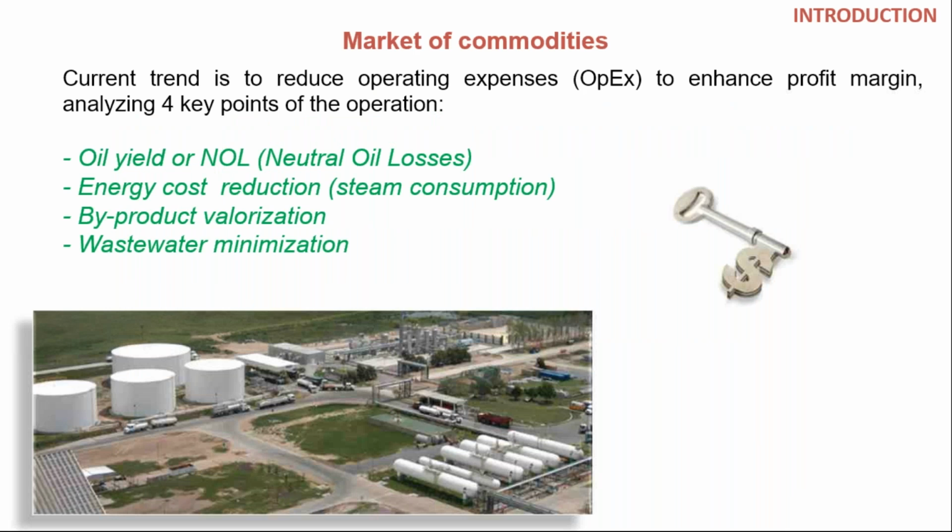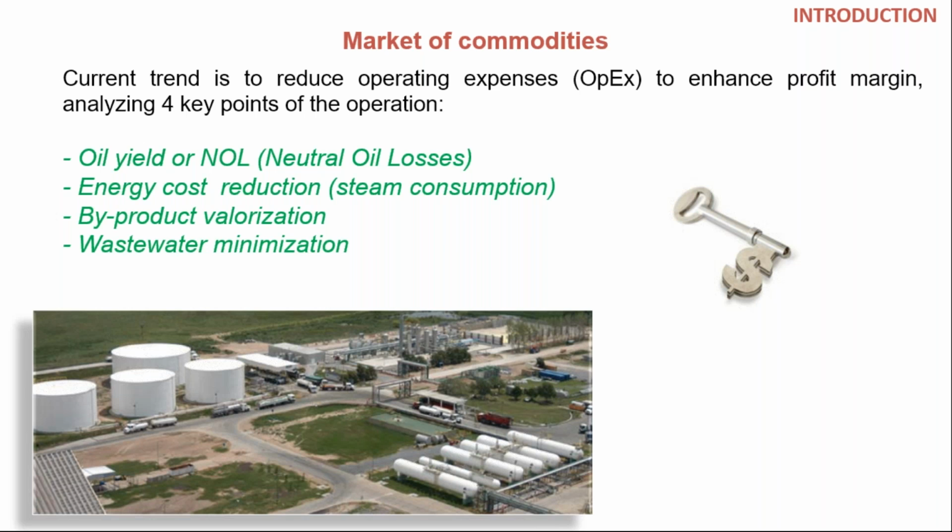Just to put things into context, typically in a commodity business such as vegetable oil commercialization, in which prices are fixed by the international market according to offer and demand and financial aspects, all the efforts of producers are needed to reduce OPEX.